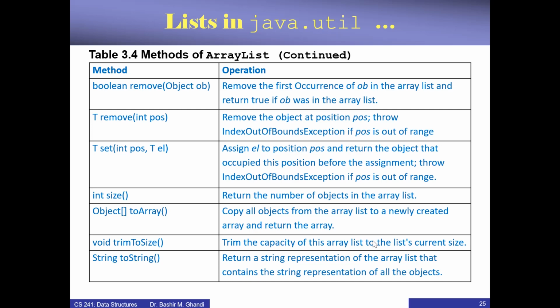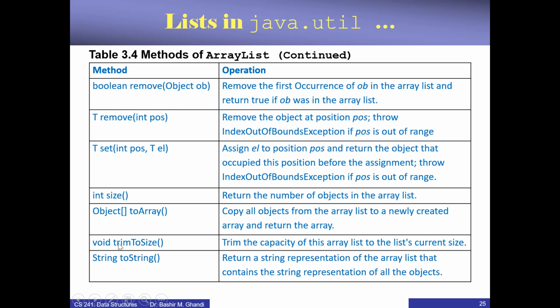The rest are empty cells. So it will create an array of size 400 and then copy the data from that big array to the new one. So trimToSize will not allow data to be deleted, of course. It will just trim it to make sure no empty cells are allowed. Okay, this is the idea of this method.